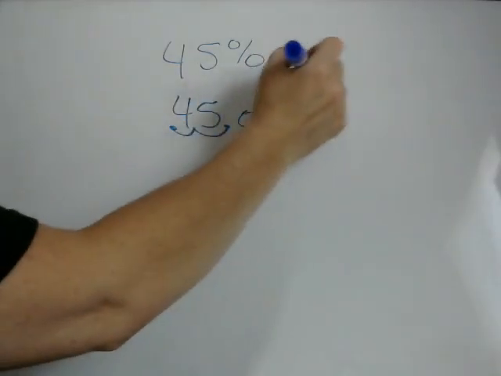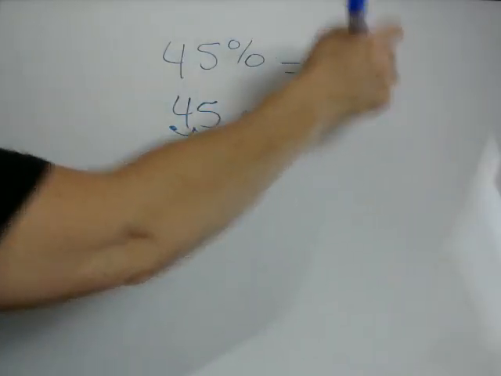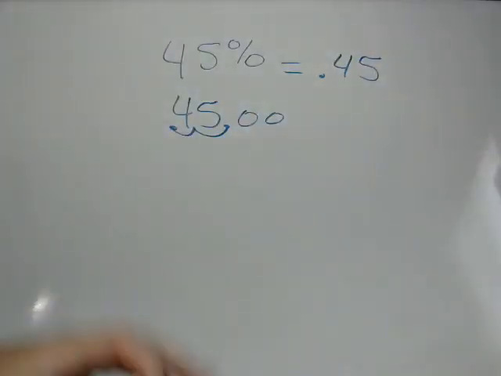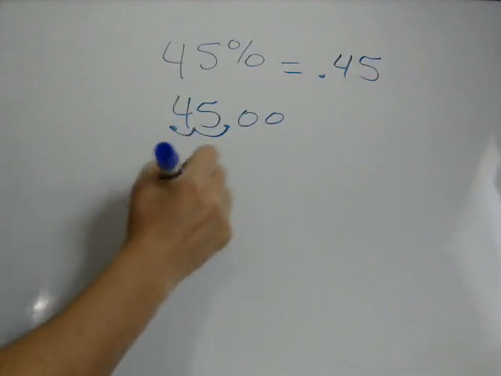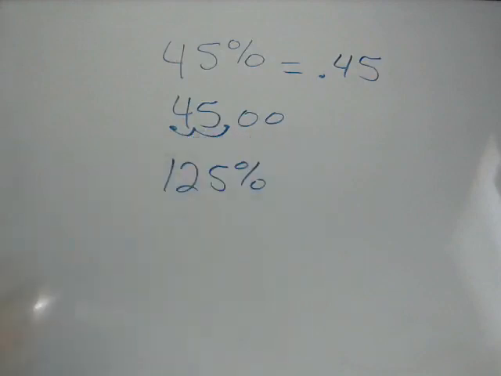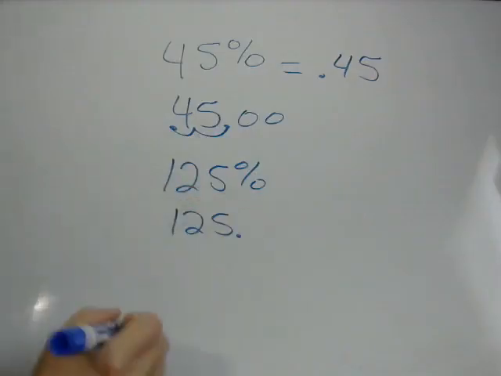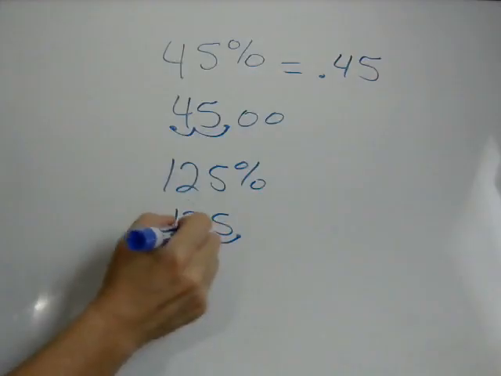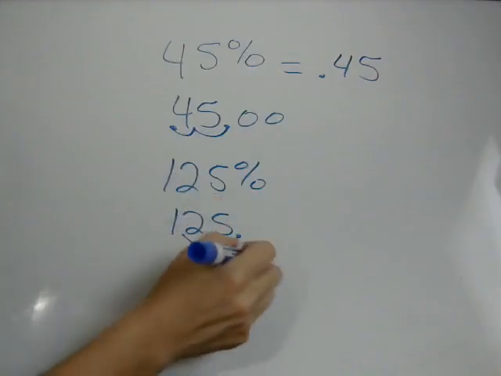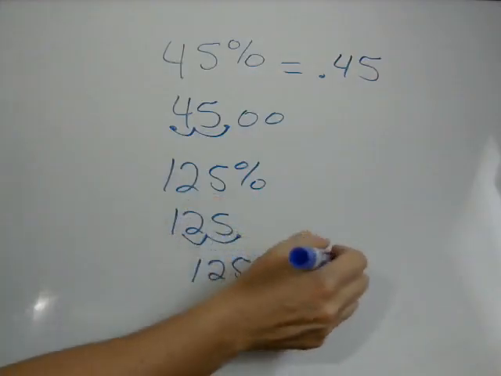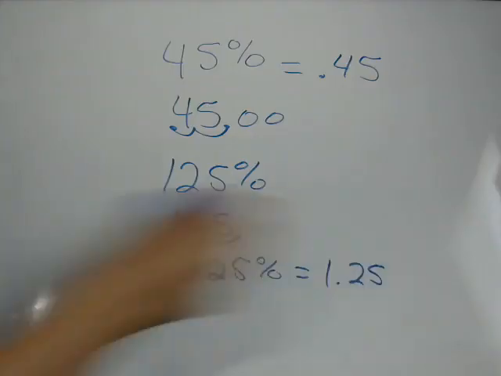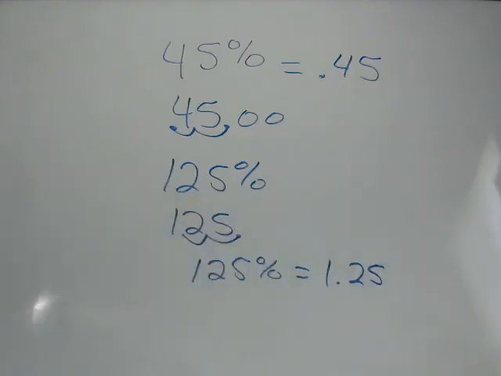So 45% is the same as 0.45. What if we had 125%? Same thing, you always only move it twice. So we have 125, the decimal is there, 1, 2. So 125% can be written as 1.25 when we write it as a decimal.